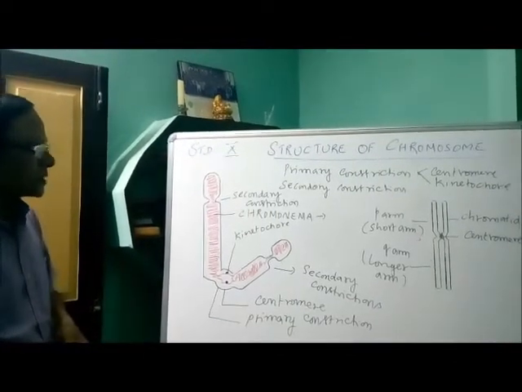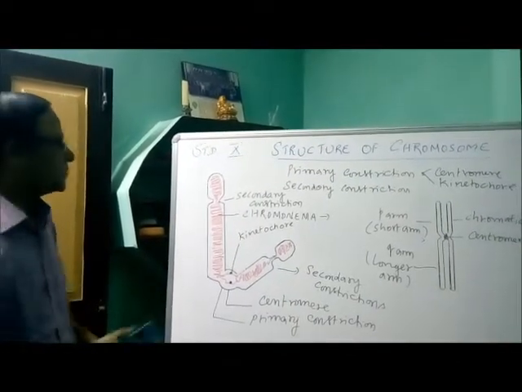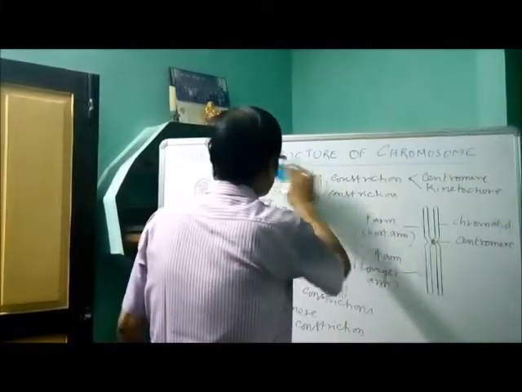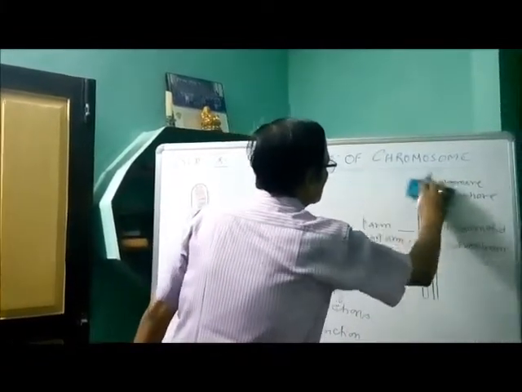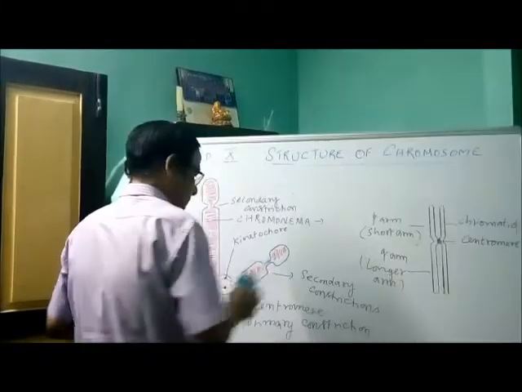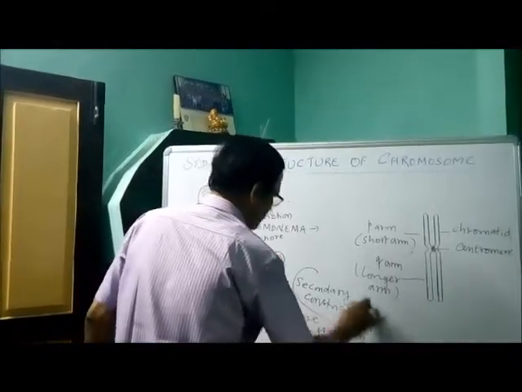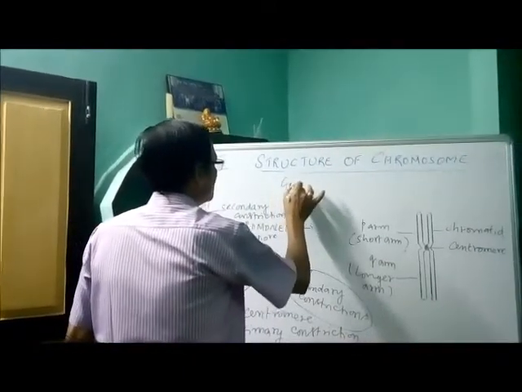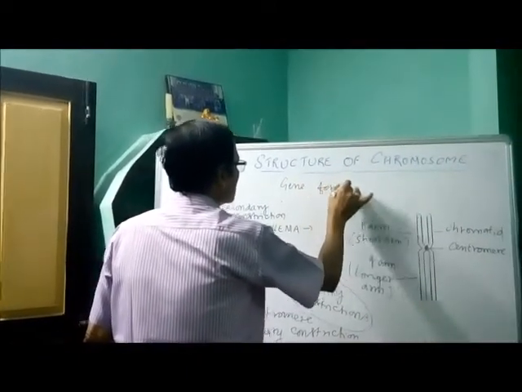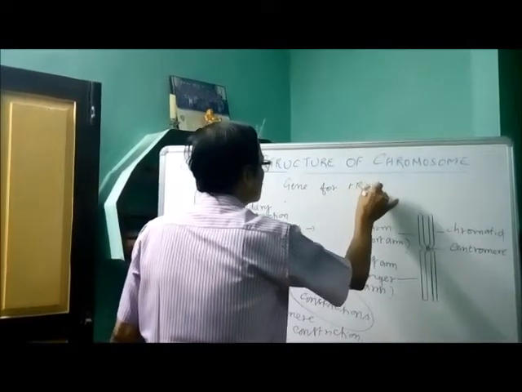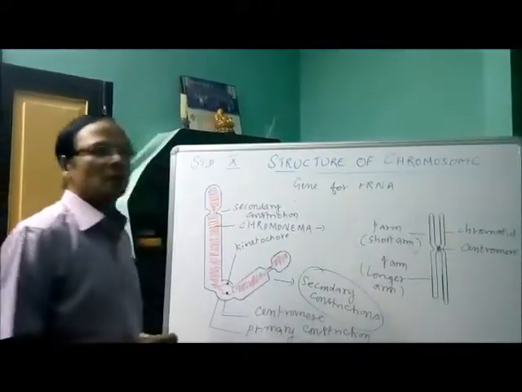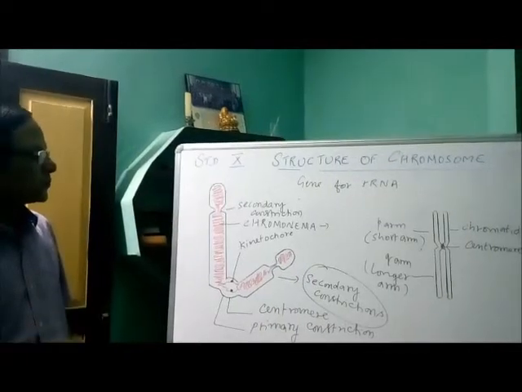These secondary constrictions contain a gene for ribosomal RNA. So it is a region of synthesis of rRNA, or ribosomal RNA.